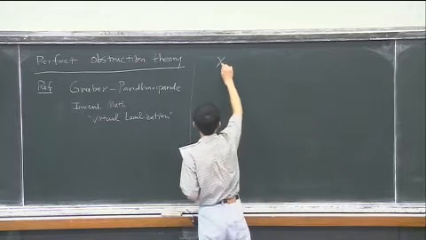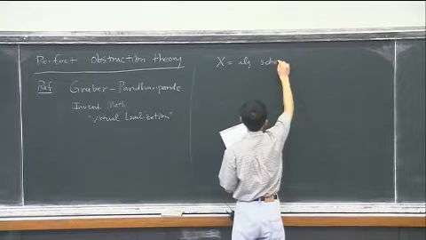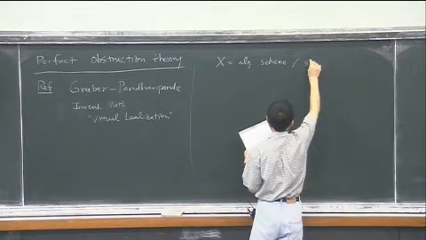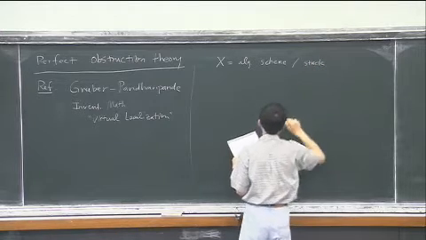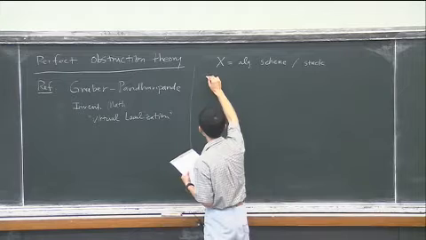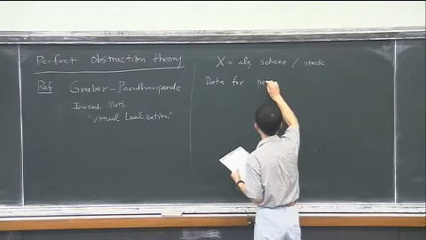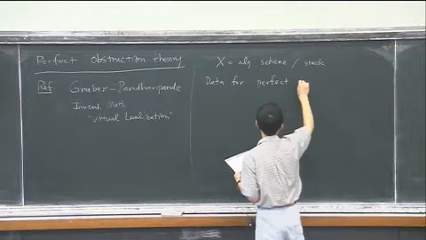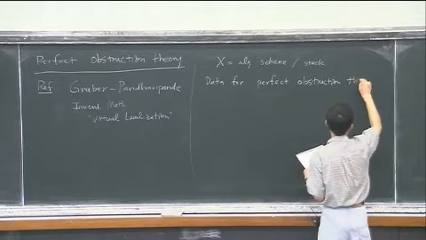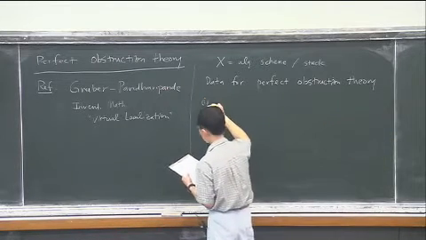So X is an algebraic scheme, or it's a stack, a Deligne-Mumford stack. The data for a perfect obstruction theory consists of two things.